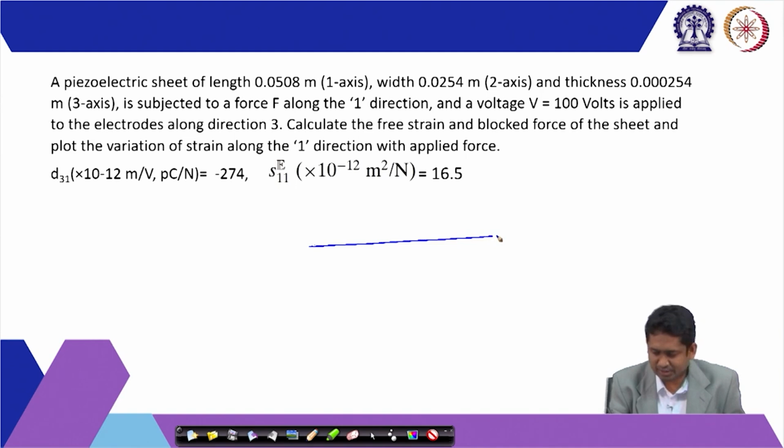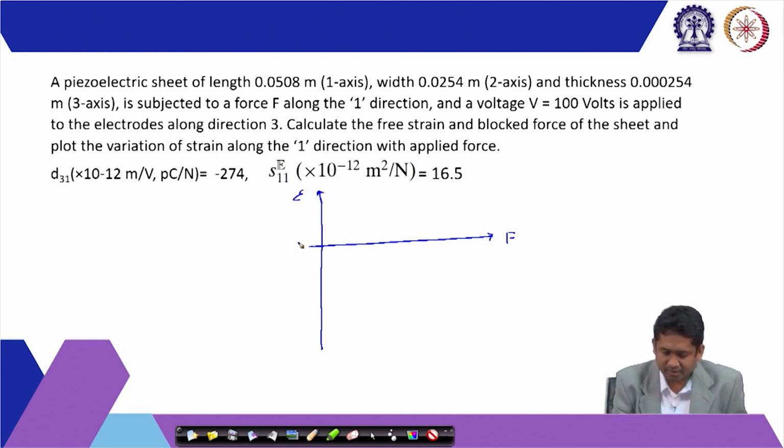Let us plot force along this direction and strain along this. So, this is strain. The free strain is a negative quantity, so it should be here. It is my free strain, and the block force is here.